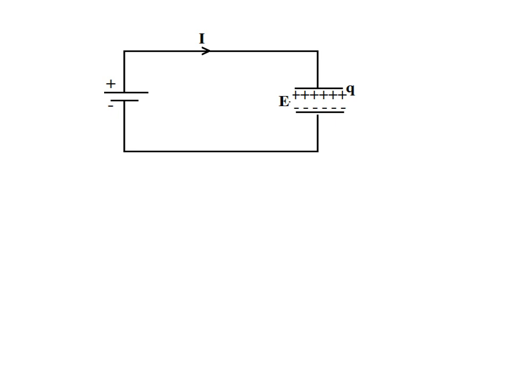This is the circuit diagram which explains the charging of the capacitor. In order to charge the capacitor, the plates of the capacitor must be connected to the terminals of a DC source. That is, the positive terminal of the source is connected to one plate, and the negative terminal of the source is connected to the other plate.